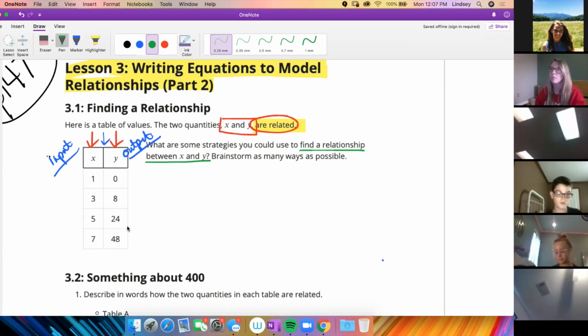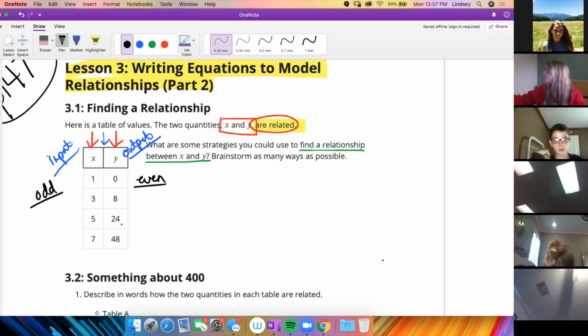What do y'all see? All the input ones are odd and all the output ones are even. Okay, so all these values are odd, and all of these are even. Good.